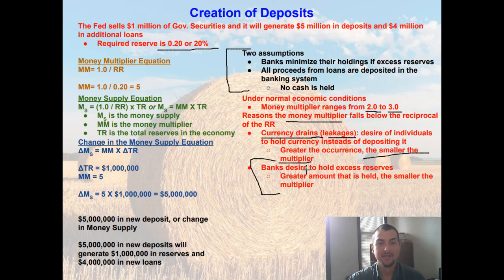So because banks desire to hold on to their excess reserves, the greater these instances, the smaller the multiplier. So even though the money multiplier equation states that it should be around, sometimes in the case of 5, we see that it's a lot less simply because these two assumptions are not always held.